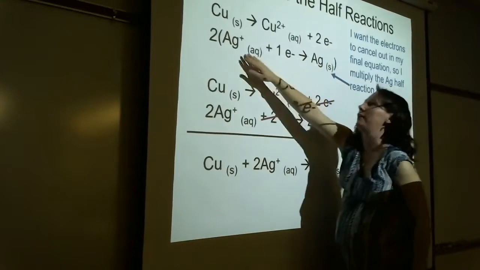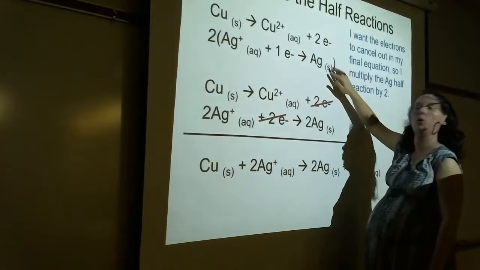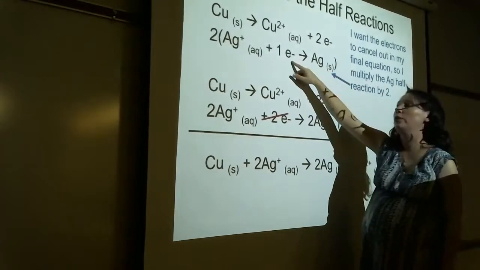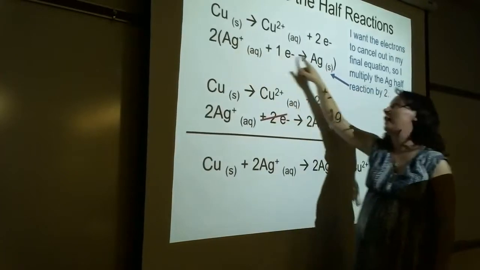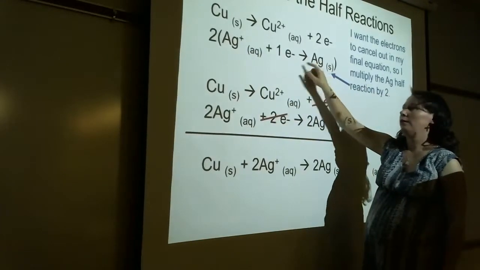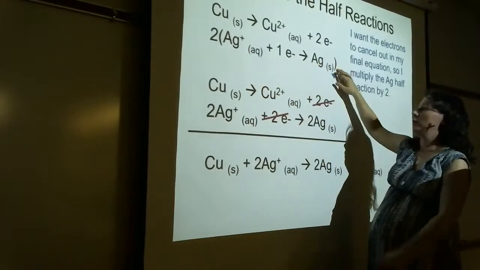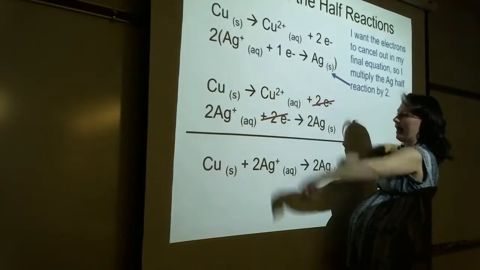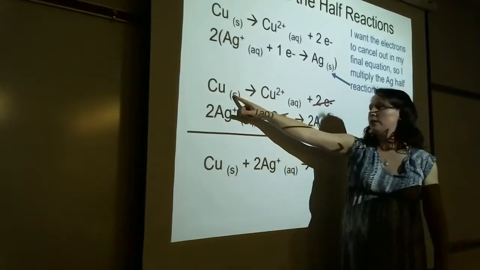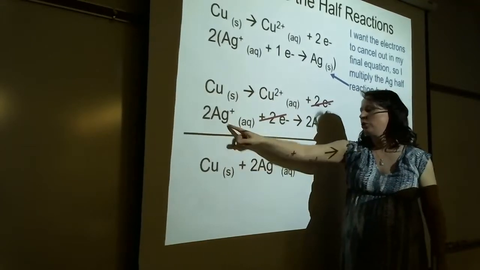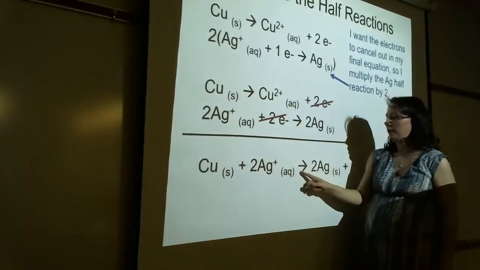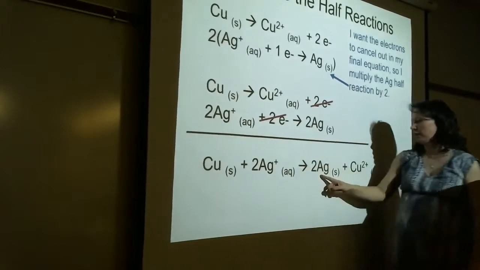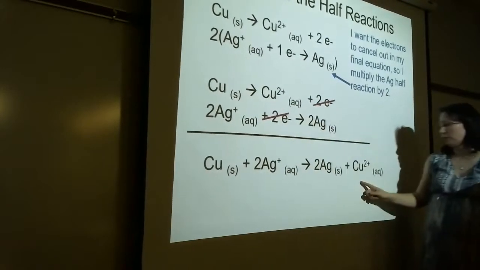So if I multiply this whole reduction half reaction by 2, including the Ag⁺ and the Ag, if I multiply everybody by 2, the 2 electrons cancel. And then when I add them up, Cu + 2 Ag⁺ produces 2 Ag + Cu²⁺.